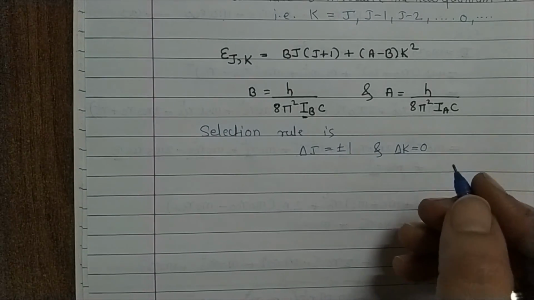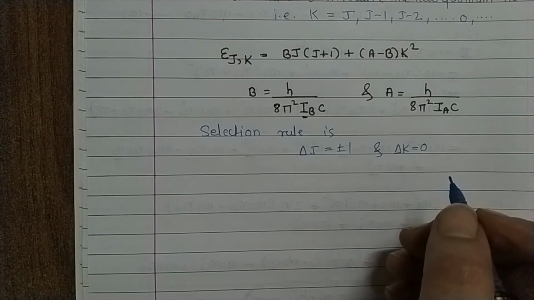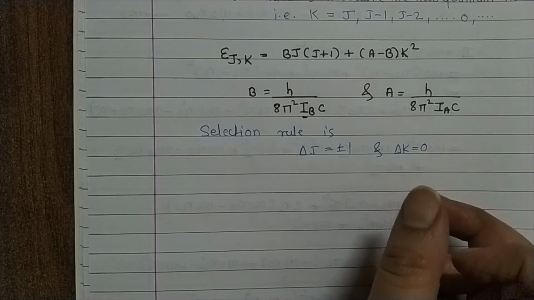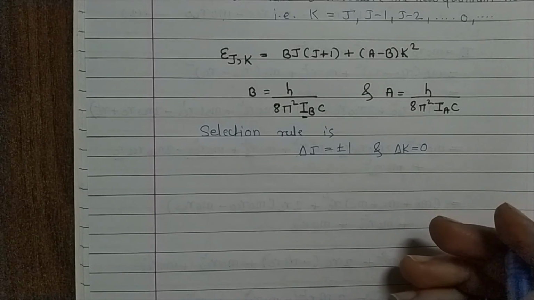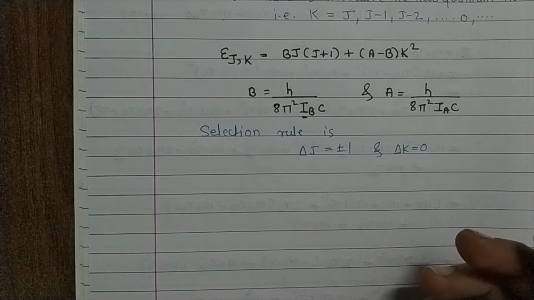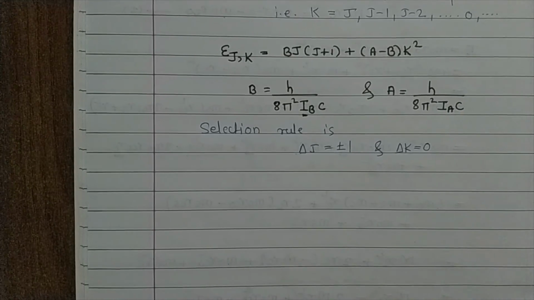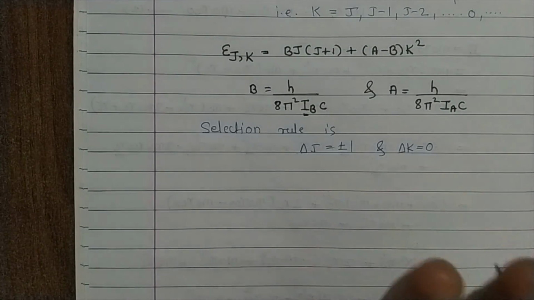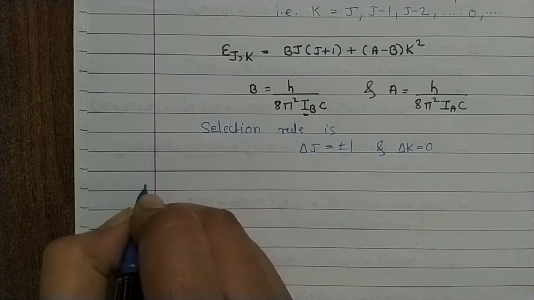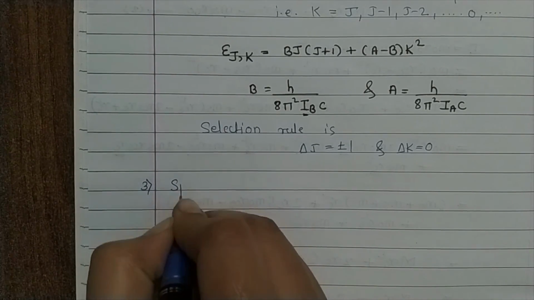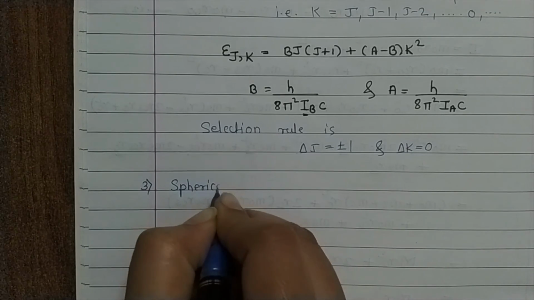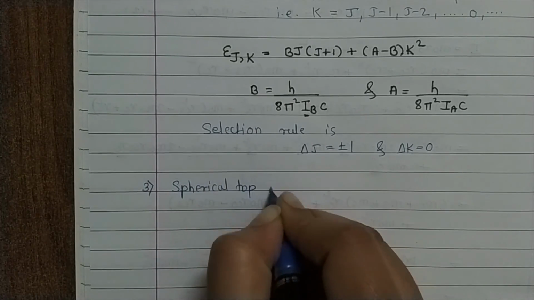So student, as you have to appear for the MCQ type of exam, so these are the small points that you have to remember, okay? That the selection rule changes for each and every type of molecule, or for polyatomic molecule it is different, for diatomic molecule it is different. So now for the third, that is a spherical top molecule.